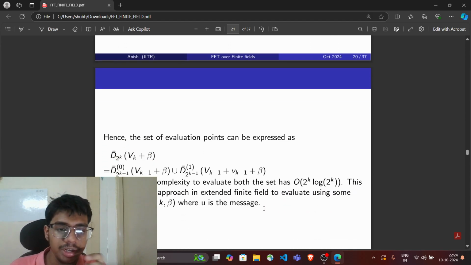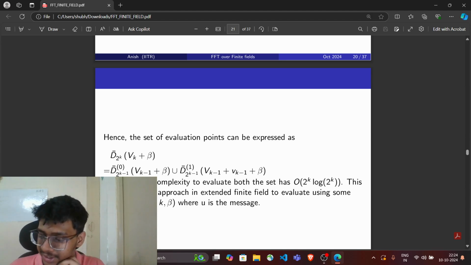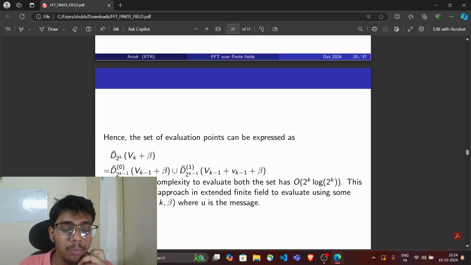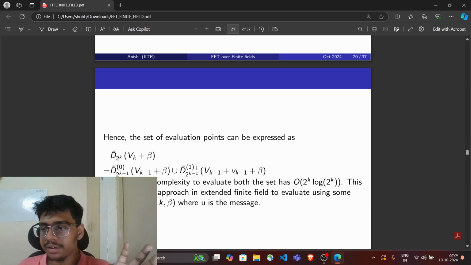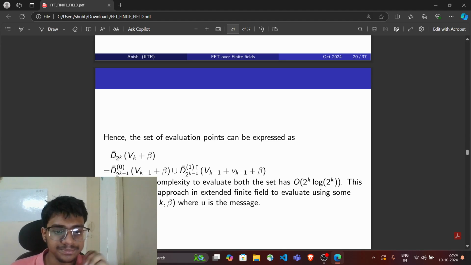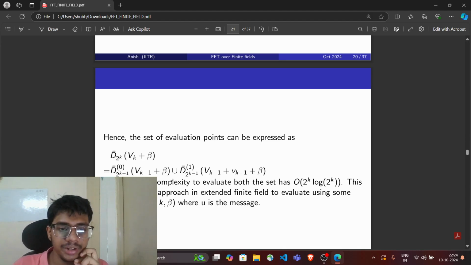So in total, if you work out the recursion formula, both of these polynomial sets, until the set length becomes one, the time complexity of both sets will come out as 2 to the power of k log 2 to the power of k.